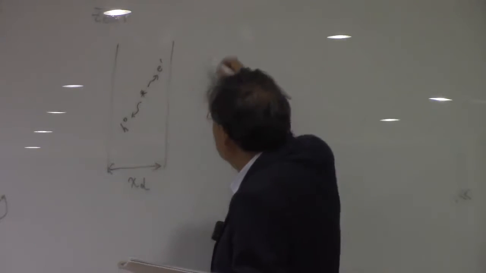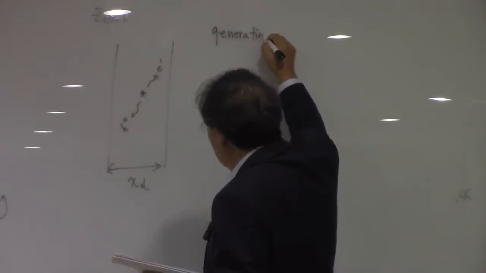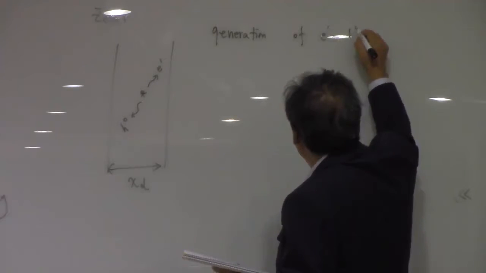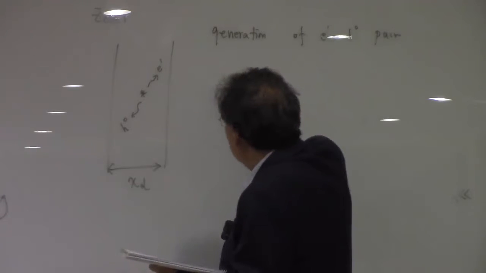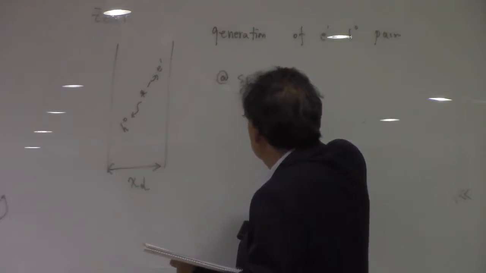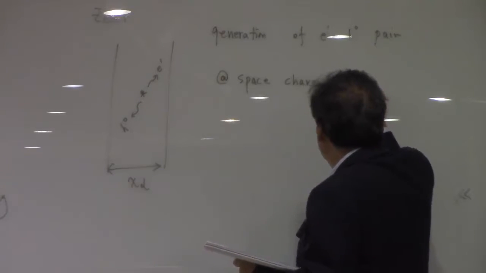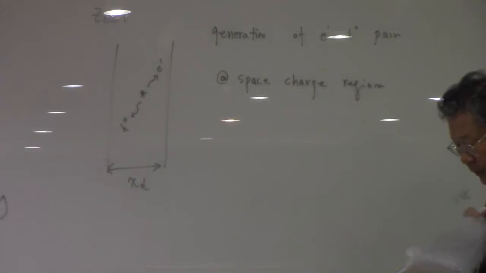So generation of electron and hole pairs at the space charge region, that's going to be called the Zener breakdown.